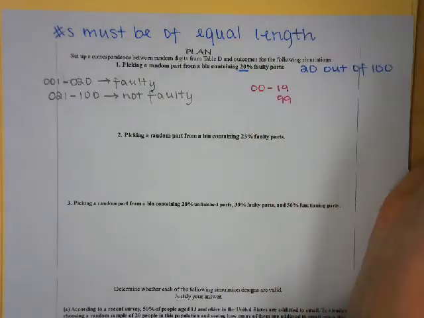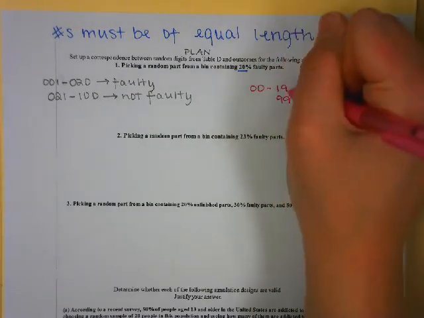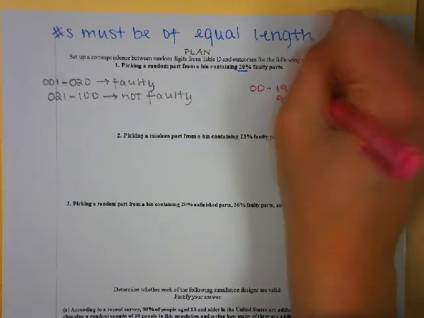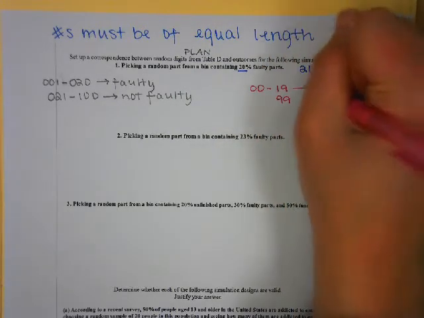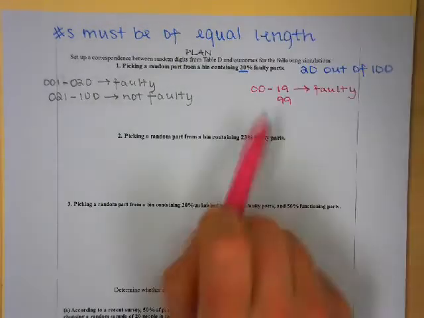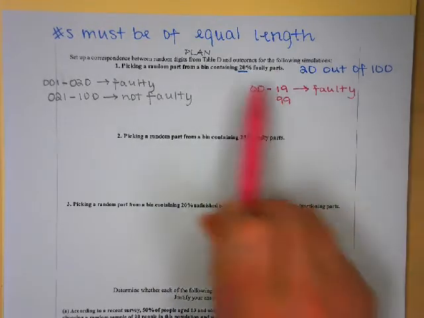19 would be 20 numbers. 1 through 19 is 19 numbers, and then 0 is my 20th number. And that's where I see kids make a lot of mistakes: they write 00 through 20 because we're doing 20%.